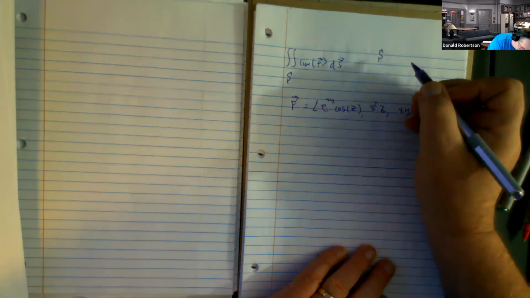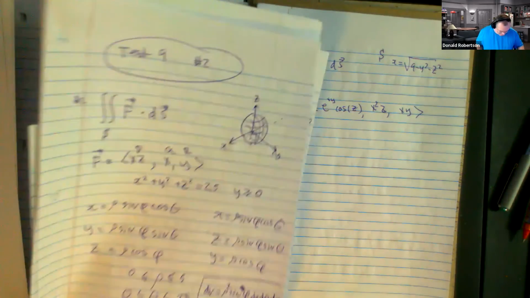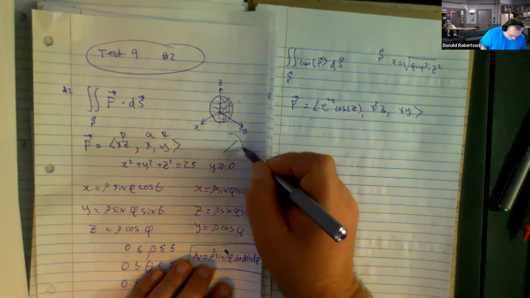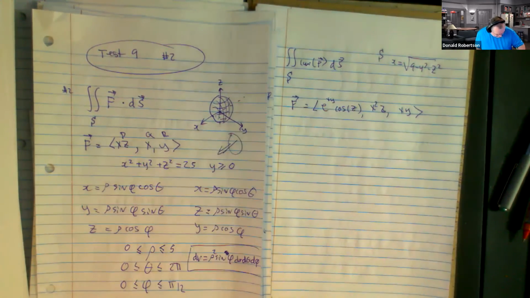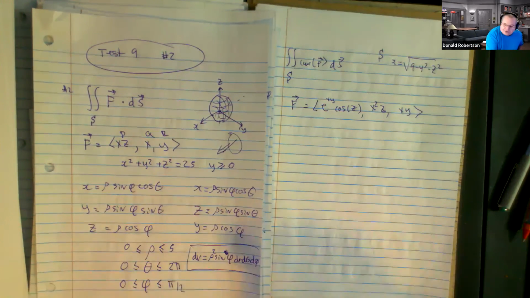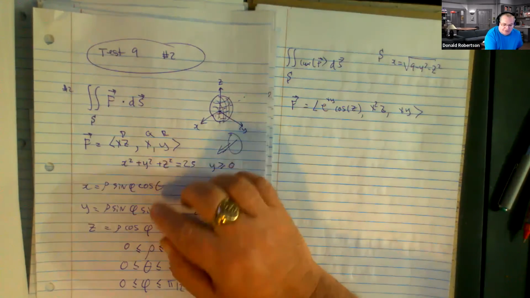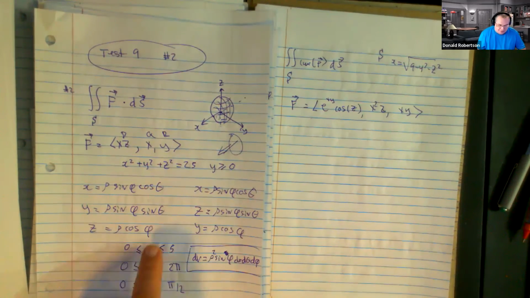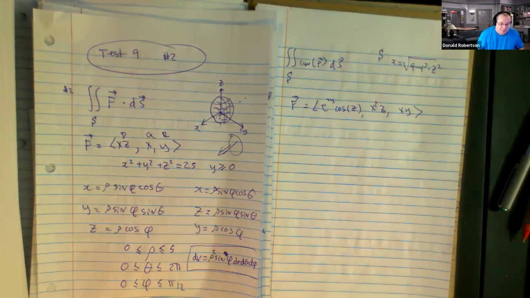It's a hemisphere generated by this guy, and it's orientated in the positive x-axis, which is almost an exact carbon copy of this one, except your sphere is now going to be pointing that way. So what that tells me is, instead of using this, swap the x and z's around. So make the z this guy and make the x that guy. And these numbers can stay put, they're a hemisphere.